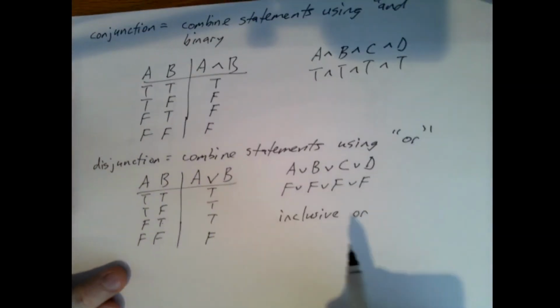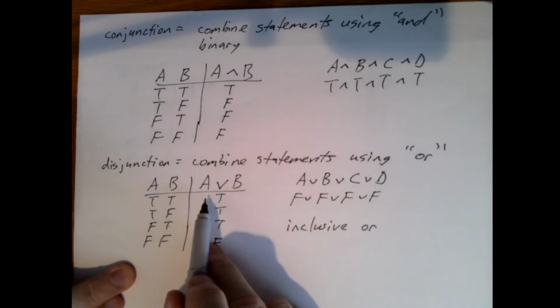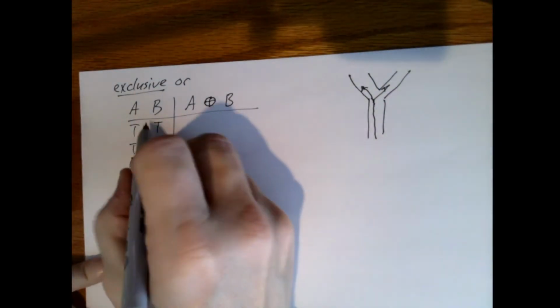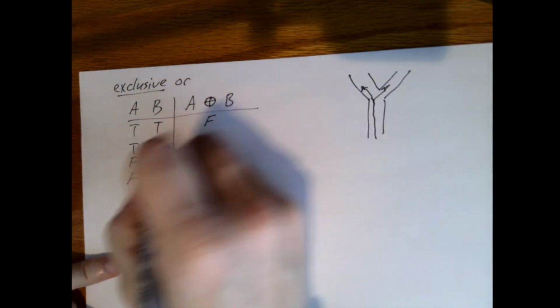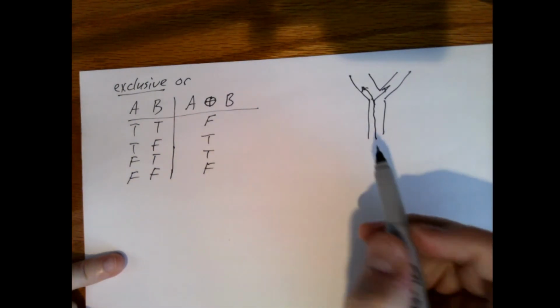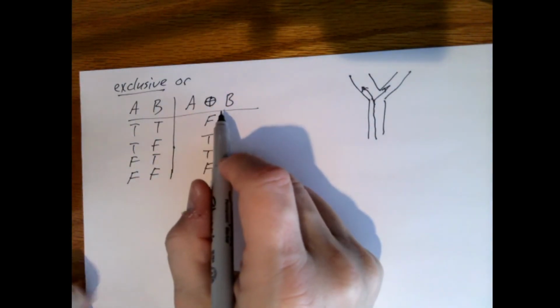With an inclusive or, then they could both be true. Okay? Here, only one can be true. So true, true is actually false. True, false is true. False, true is true. And false, false is false. I can't have both be true and the whole thing then be considered true.